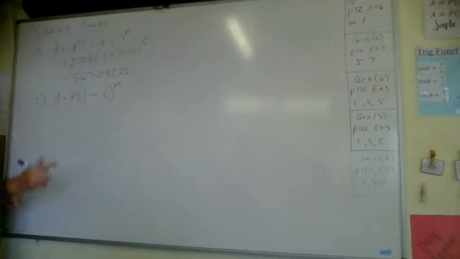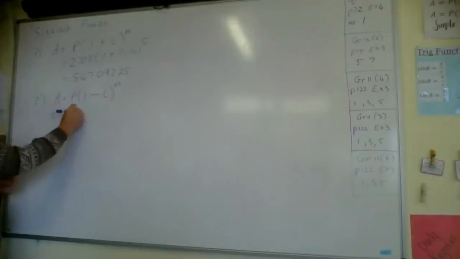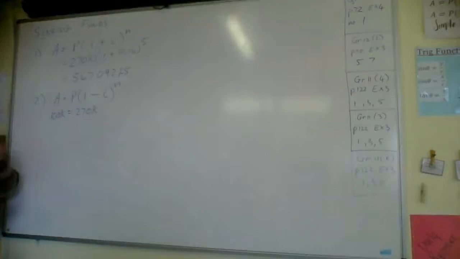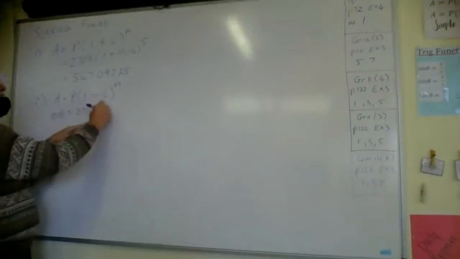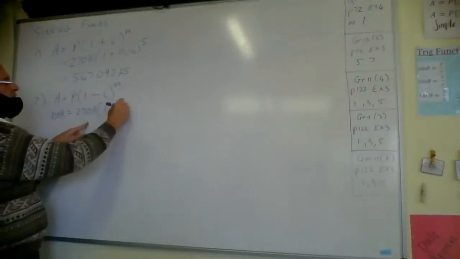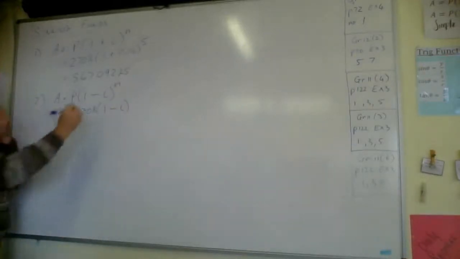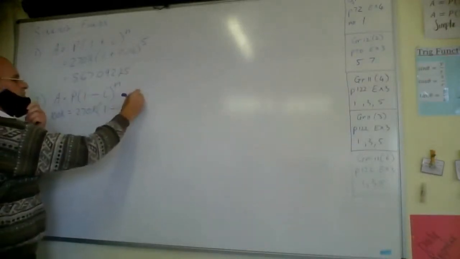They say it will reduce to 100,000. What did we start with? 270,000. 1 minus i is what we need to calculate, and it's over 5 years.